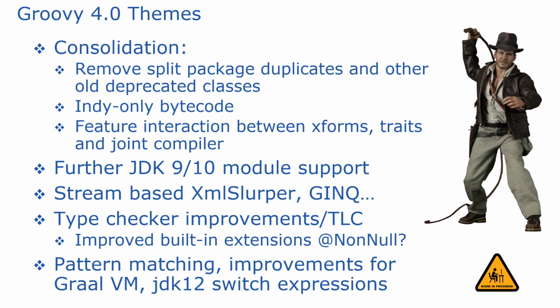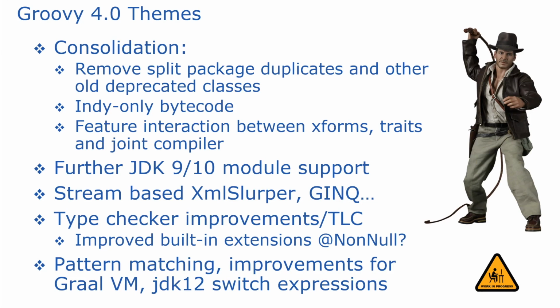And what are the themes of 4? A lot of consolidation. At the moment there's all that split package stuff, so by the time we get to Groovy 4, there'll just be one version of everything, and it'll all be in the right spot. At the moment, we've got indy. When you have the indy feature turned on, you've got invokedynamic flavored bytecode.